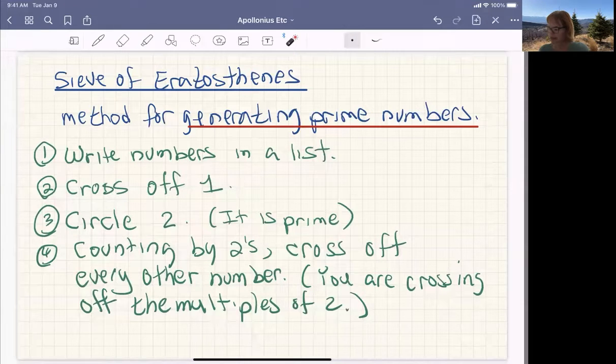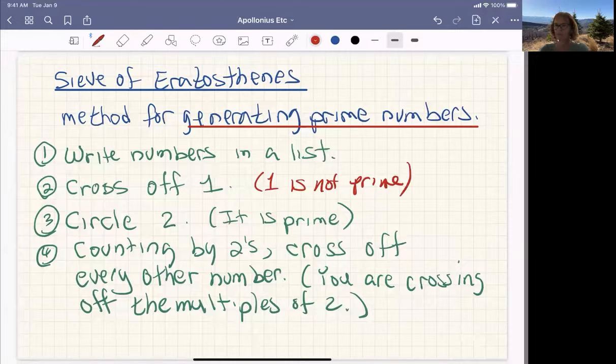You begin by crossing off the 1. The reason is that 1 is not prime. Remember, prime numbers are numbers whose only factors are 1 and themselves, like 2, 3, 5, but you exclude 1.